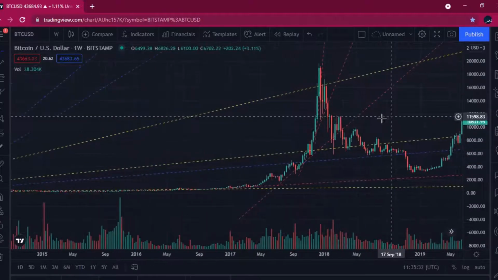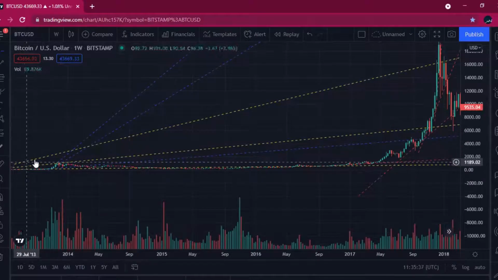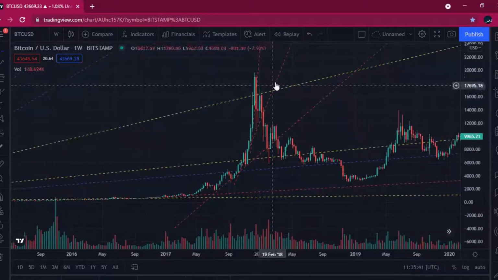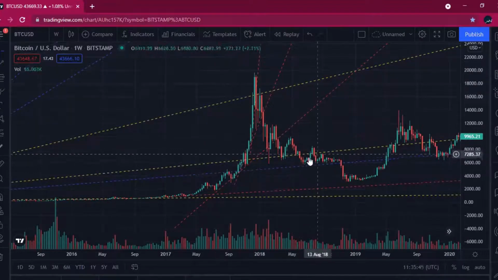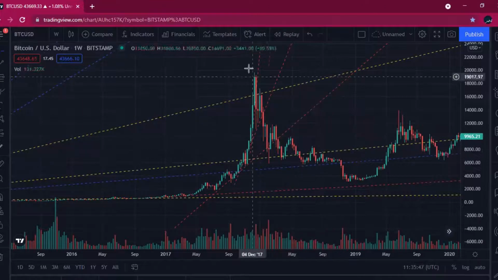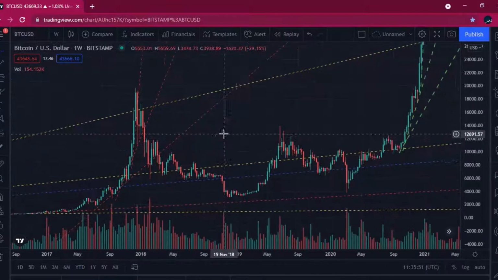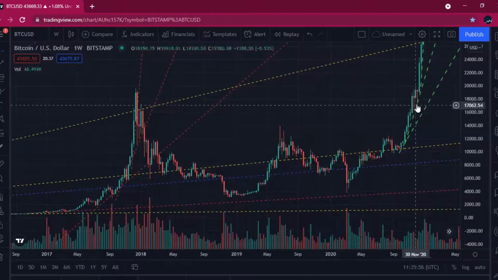We can see this yellow line, which was the peak of the first cycle, not the second one, is kind of close to the top. It's just interesting. Look, we hit off this blue line here. See a lot of price action in between these ones. And we sent off our new red ones into the future. You can see a lot of price action still bubbling around previous lines.